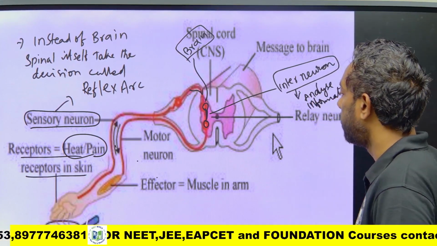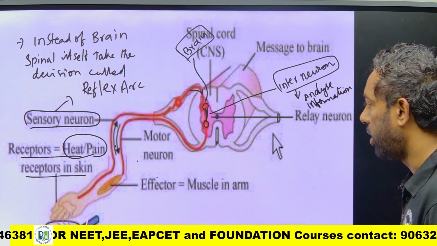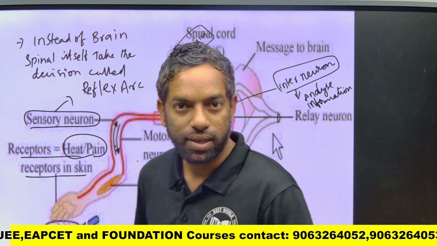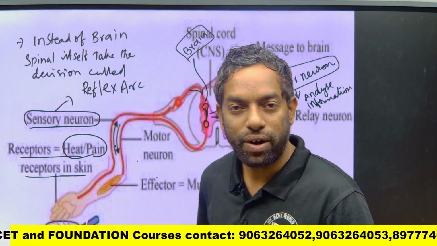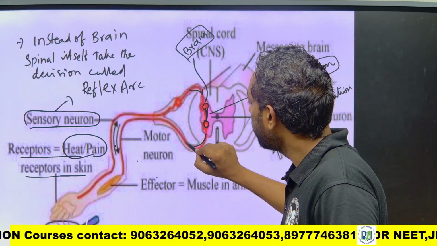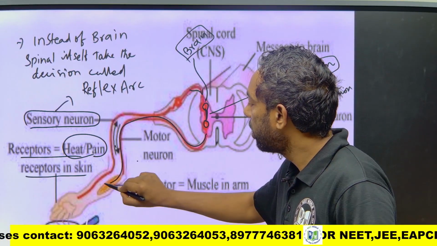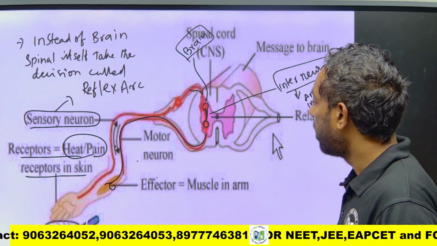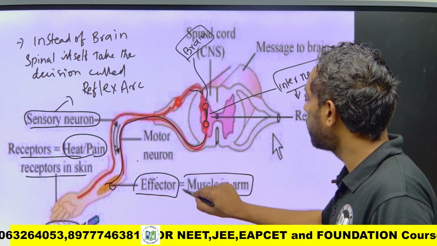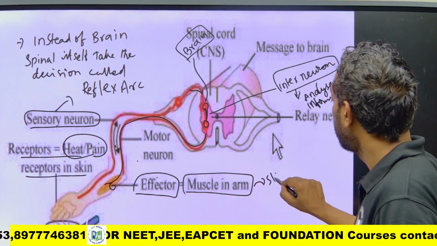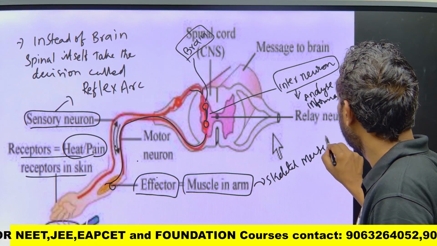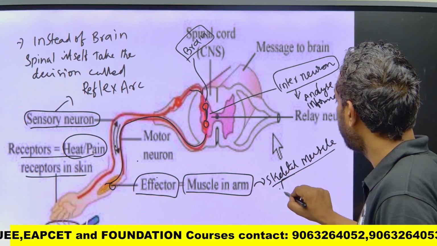Like in the brain there is an analyzing center, the thalamus, in the spinal cord there is a neuron called the interneuron. They analyze and then give the signal to the motor neuron. The motor neuron goes to the effector, the muscle of the arm, which is skeletal muscle. Skeletal muscle is part of the somatic nervous system.